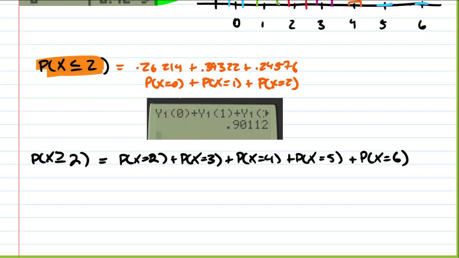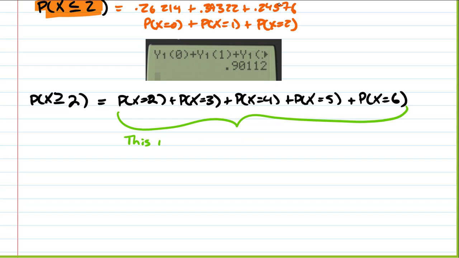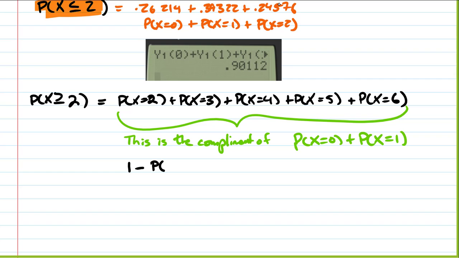And we could indeed type all of that out on our calculator, but this is the complement, so it would be equal to the probability that x equals 0 plus the probability that x equals 1, right? So if that's the complement, it's going to be 1 minus the probability that x equals 0 minus the probability that x equals 1.